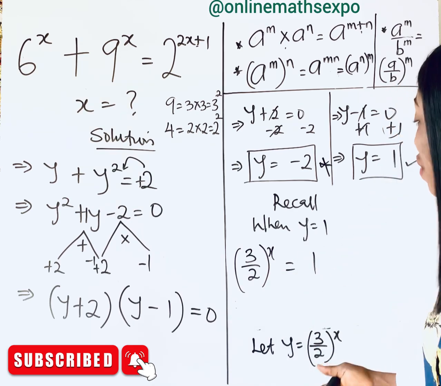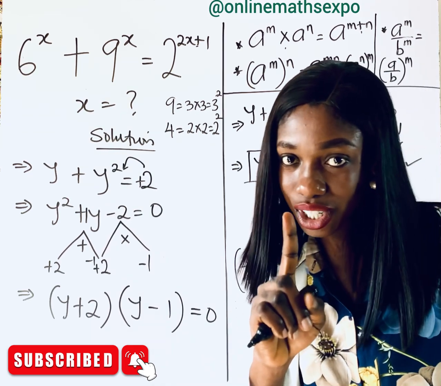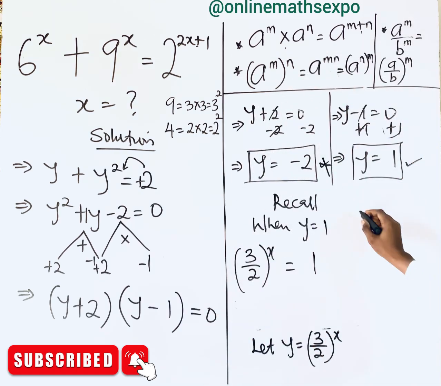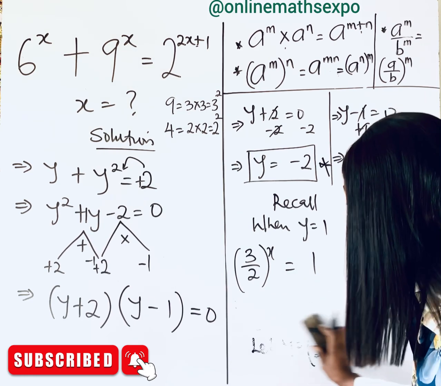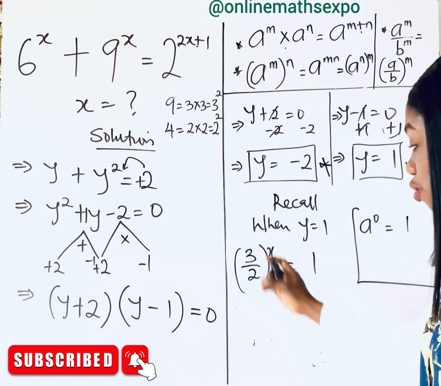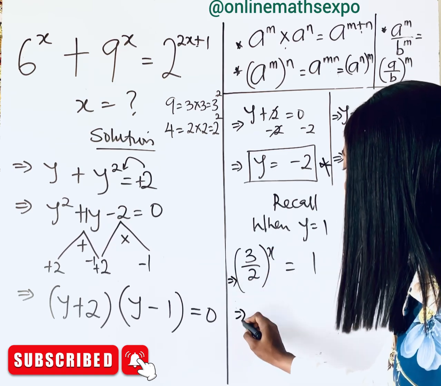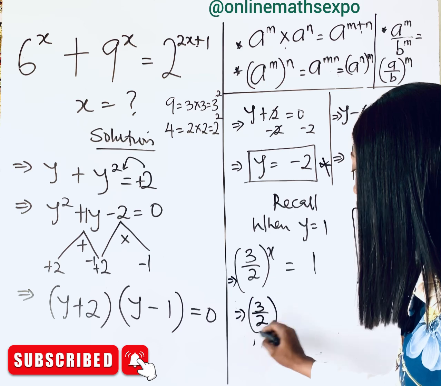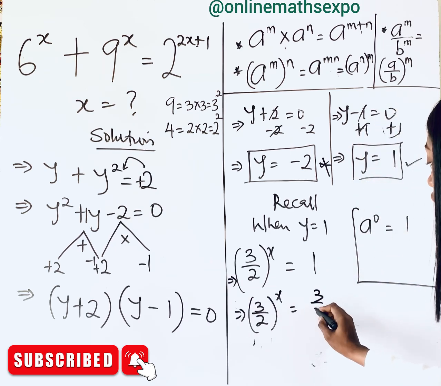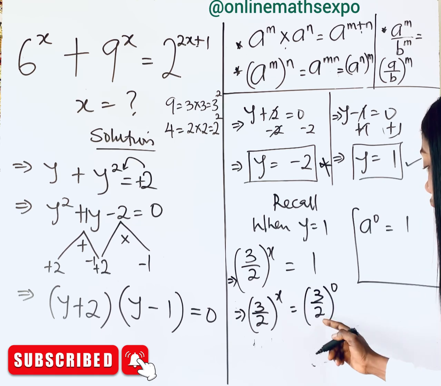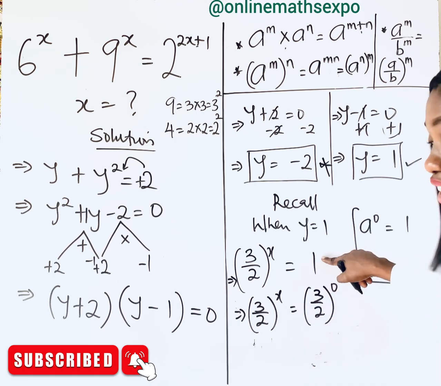Amazing. So just remember one trick, one of the rules of exponent that says, if you have any number raised to power of 0, it is 1. So it means that this 1, we can change it to share this base of 3 over 2. So 3 over 2 to the power of x is equal to 1 will now be 3 over 2 raised to power of 0, because if I raise it to the power of 0, it gives me 1.